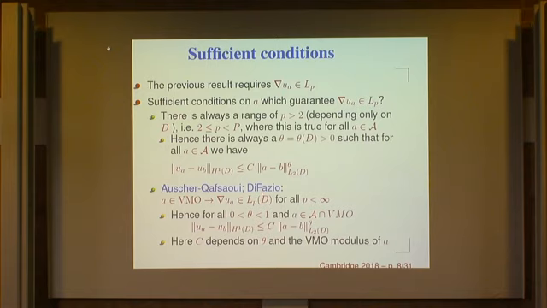Another result, very close to your question, is the following: if A is in VMO, not L infinity, you know, you have BMO, which is bigger than L infinity. What does VMO stand for? Vanishing mean oscillation. Do you know BMO? Bounded mean oscillation.